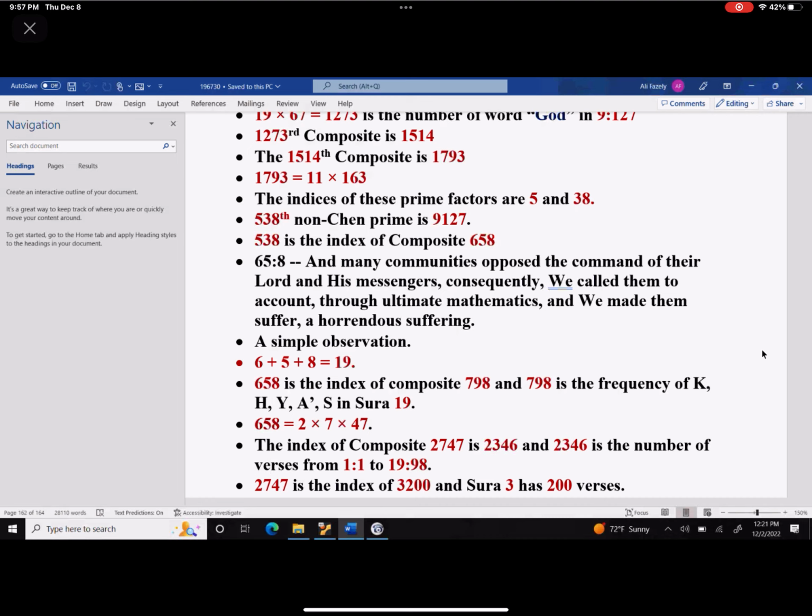When was the Quran revealed? The 27th of Ramadan, wasn't it? Who was it revealed to? To Muhammad. Chapter 47 is Muhammad. This is a very simple observation. So this is what I'm telling you: the numbers are talking to you.